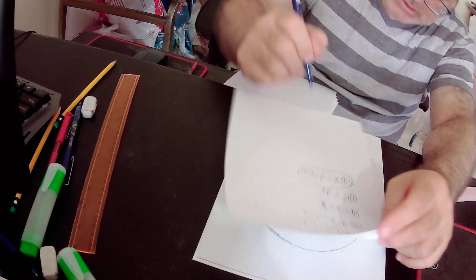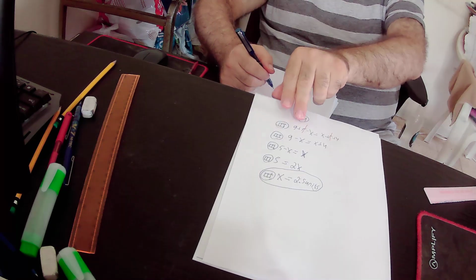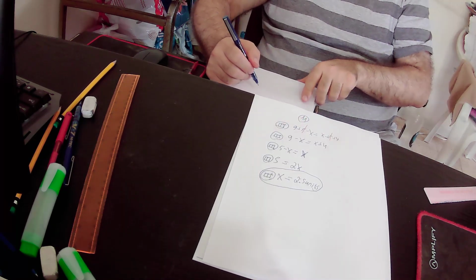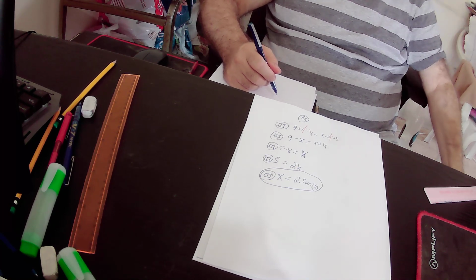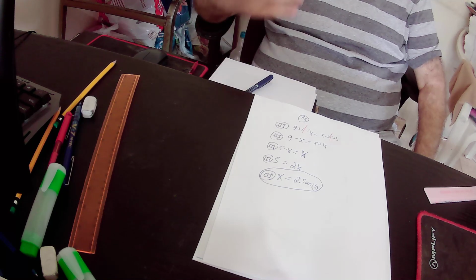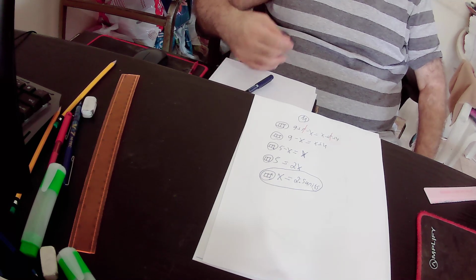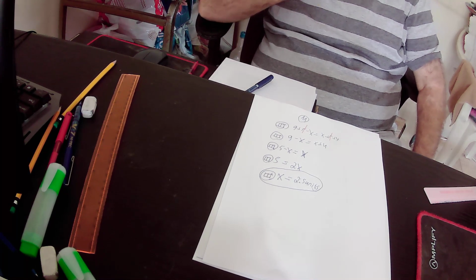We found the value of x: x equals 2.5 units. So after we know the value of x, we can substitute x in the first equation by 2.5 units.